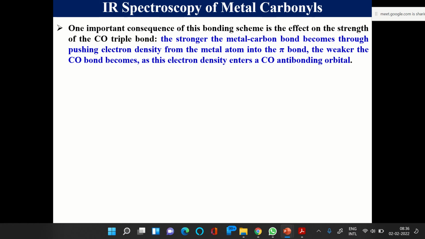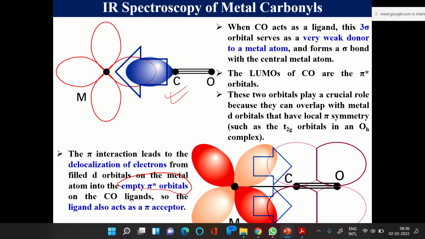As compared to carbonyls, the triphenyl phosphines are better sigma donors. CO is a very weak donor to the metal, as I told you. Carbonyl compounds are known to be stable, and the reason is mainly that the stabilization comes from this pi interaction. Okay, so that is a major thing.